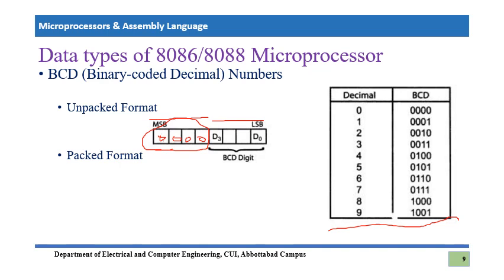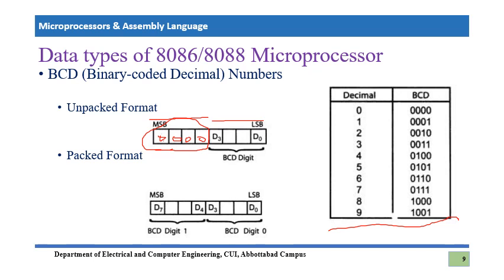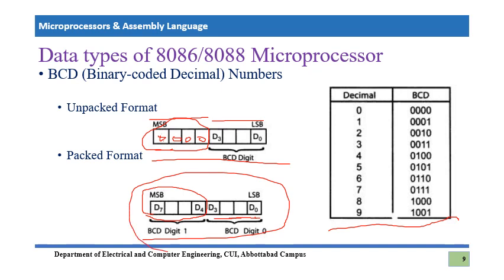Let's take the packed format, which is like this. Look, D0, D1, D2, D3 is just one BCD, and the remaining 4 bits which were earlier not used can now be used for another BCD number. So rather than storing only one BCD, we are now able to use 2 BCD numbers. That is the advantage of packed format. The packed format uses 2 BCD numbers instead of one BCD number in the same location.